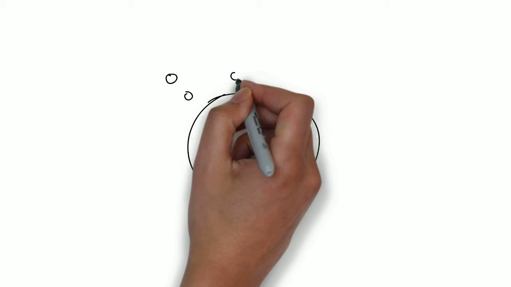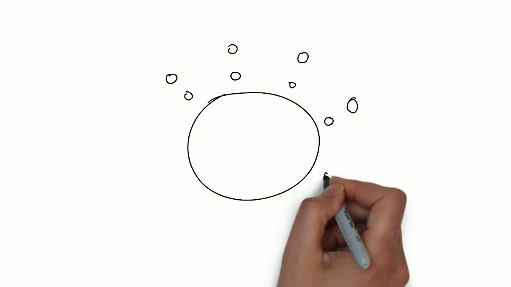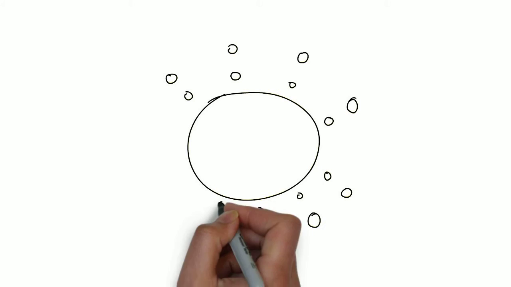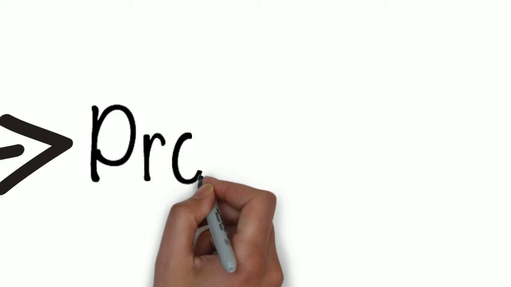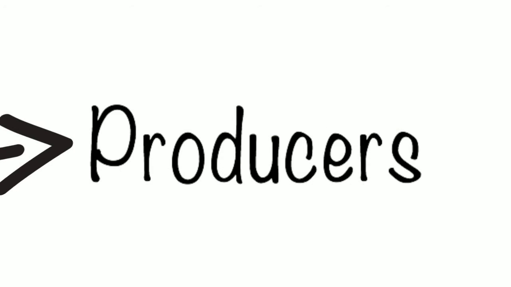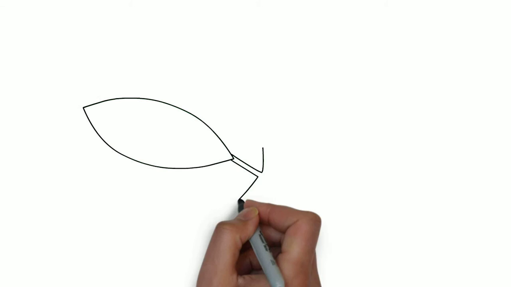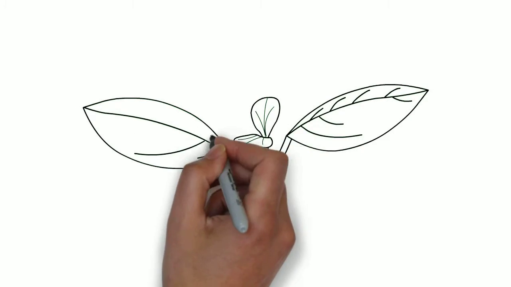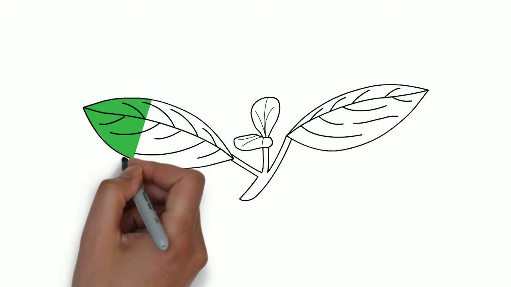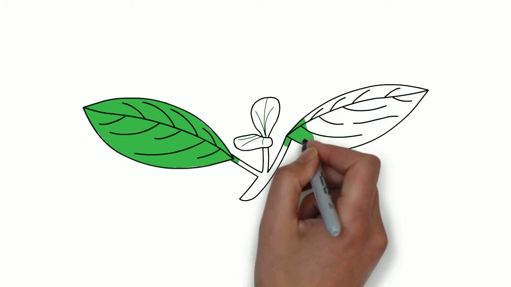So we're going to talk a little bit about a food chain now. So all food chains start with the sun, and the sun shines and it produces energy for producers. And producers can be pretty much anything that grows out of the earth. So we have little plants like you're seeing right now with leaves, and grass can fall under this category.